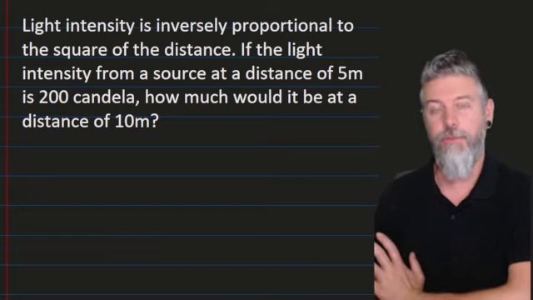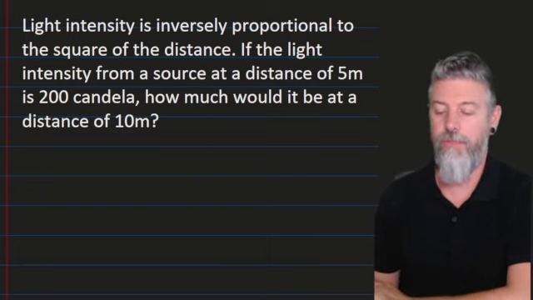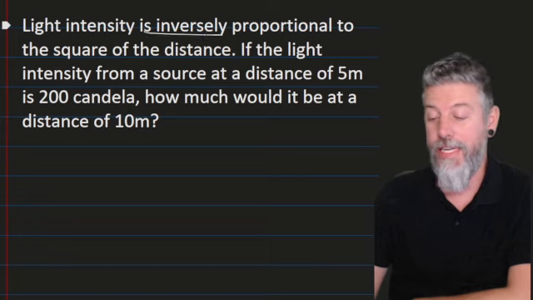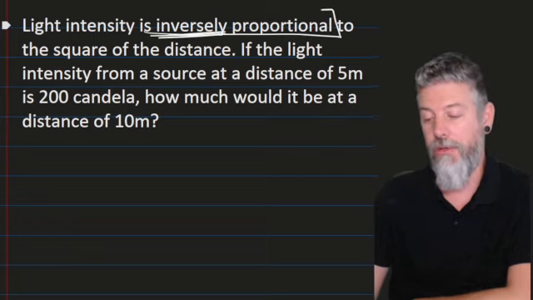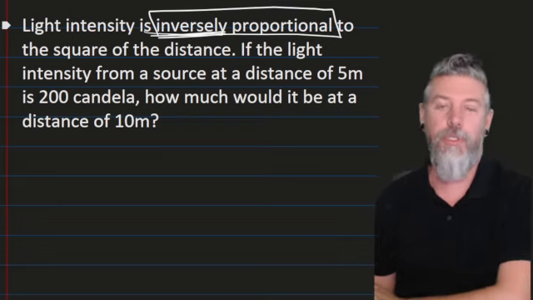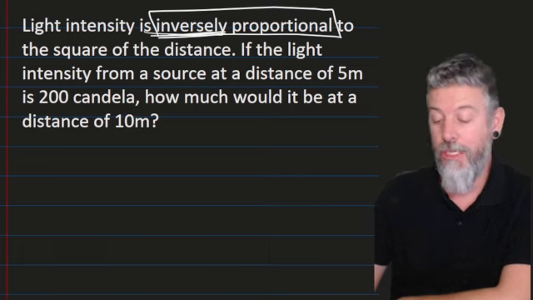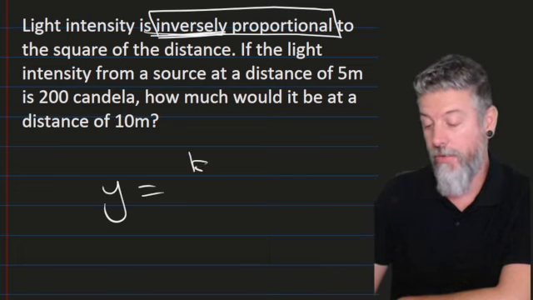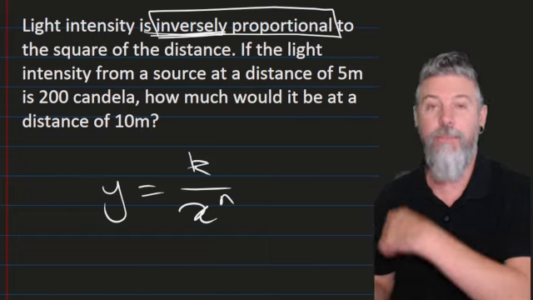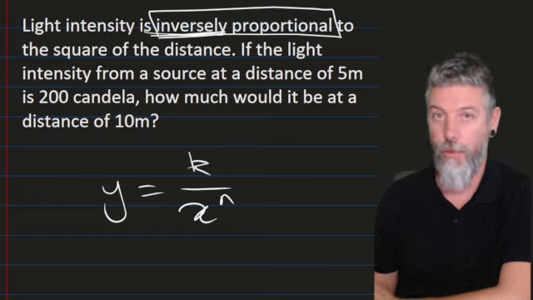We have to extract information from it to make sure that we're building the right model. First of all, we see this inversely proportional. That's the one that needs to ring alarm bells for us. We need to understand exactly what we're talking about when we talk about inverse proportionality. So we're looking at a basic equation of this. Then we need to fill in further details based on what we're asked.